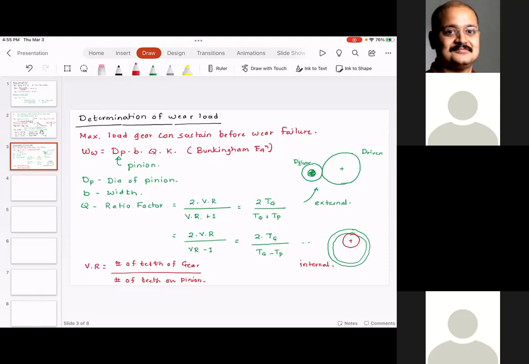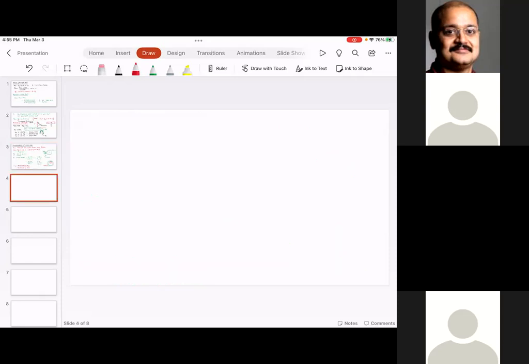So value of K can be found out from the equation K is equal to sigma ES square sine phi divided by 1.4 multiplied by 1 divided by EP, which is the Young's modulus of pinion, sorry, plus 1 divided by Young's modulus of gear.